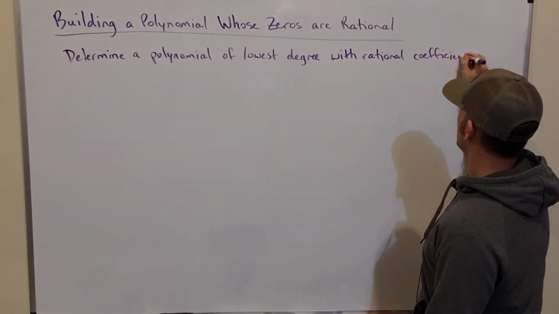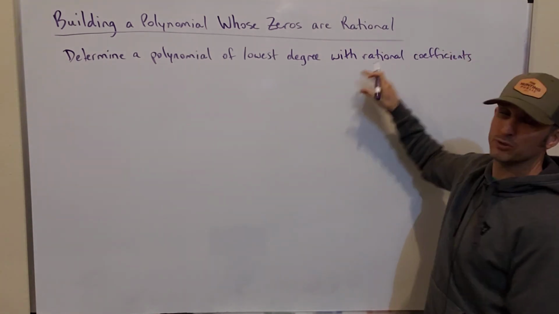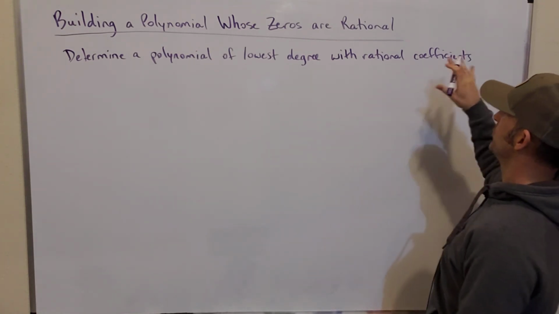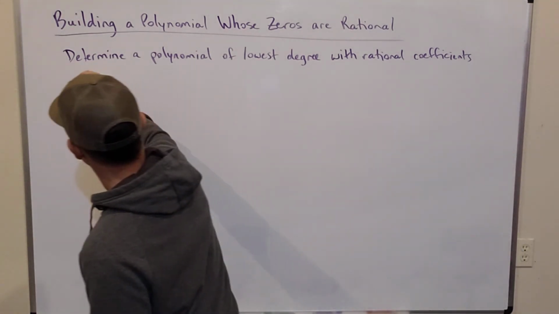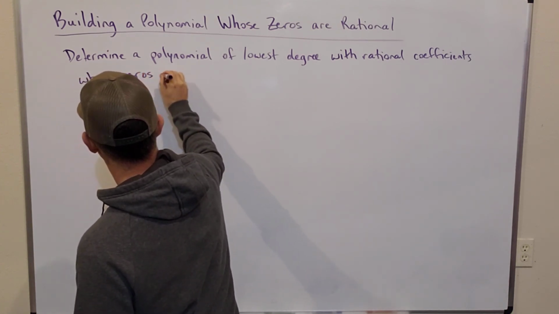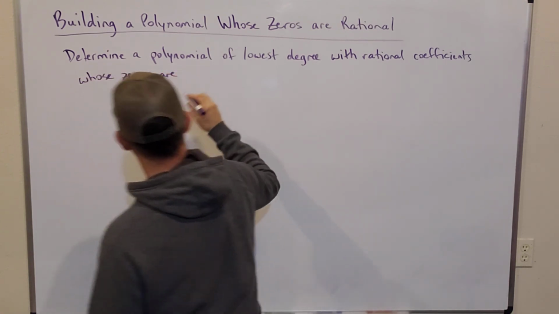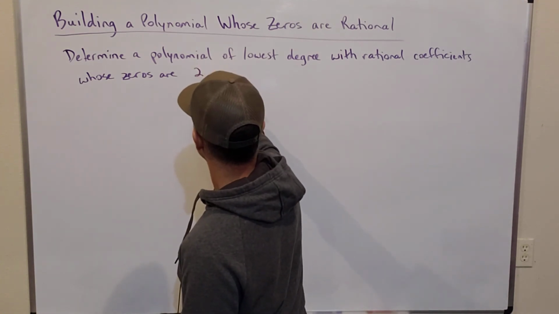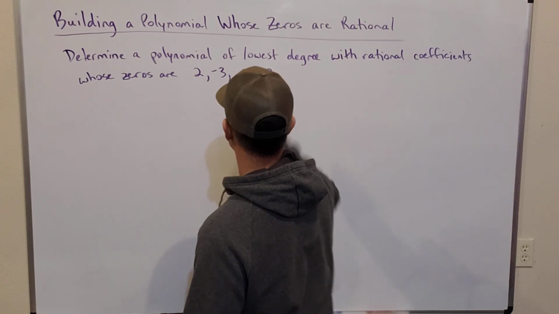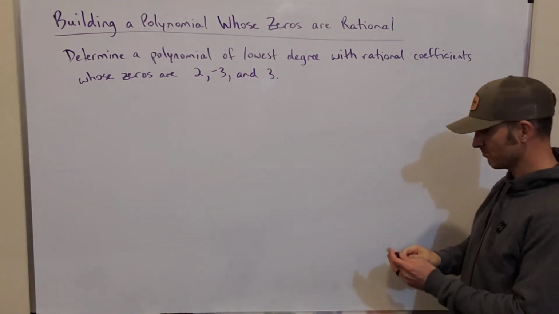That just means you can't have any coefficients that have square roots or imaginary numbers in them. So determine a polynomial of lowest degree with rational coefficients whose zeros are, how about 2, -3, and +3? That'll be our first example.